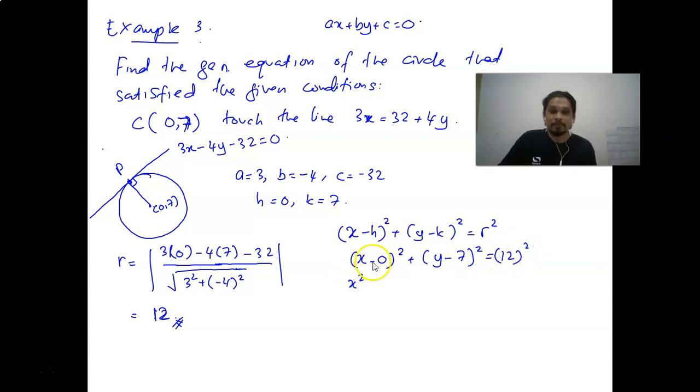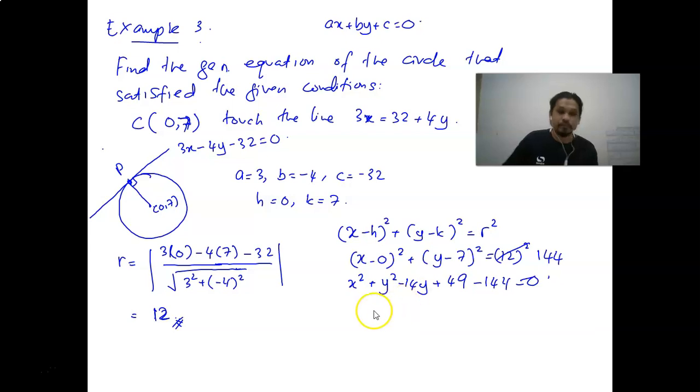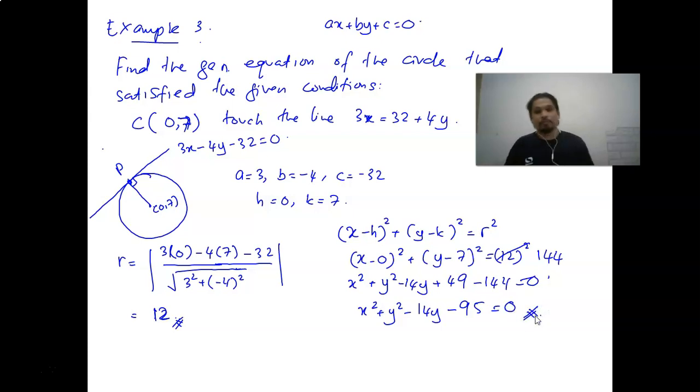So x square plus y square minus 14y plus 49 equals 144. Bring this to the left side, minus 144 equal to 0. Then you get x square plus y square minus 14y minus 95 equal to 0.